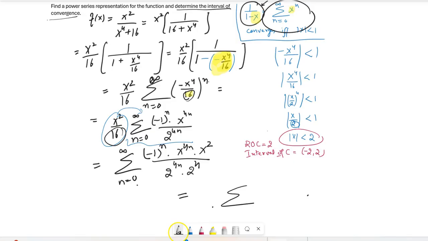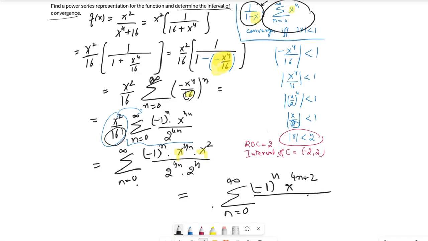This can be written as sum n from 0 to infinity of negative 1 to the power n. If you notice here, the bases are the same. So when we multiply the same bases, the powers get added. So that would be 4n plus 2, divided by, here also the bases are the same, so that can also be written as 2 to the power 4n plus 2. Okay. So this is our final answer.